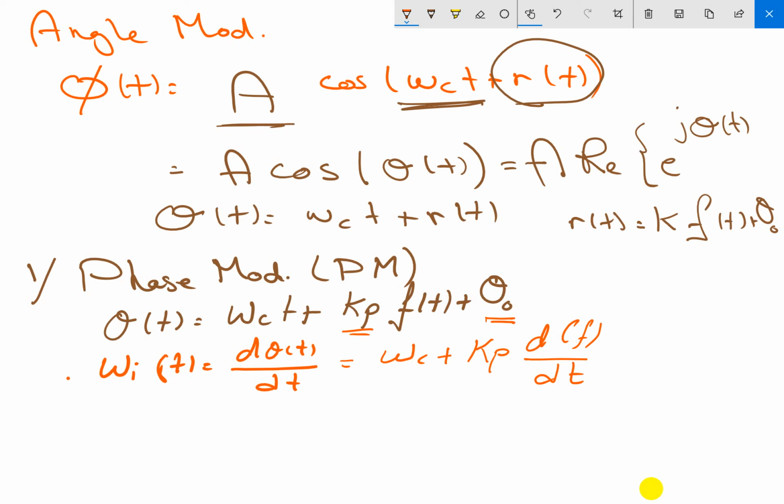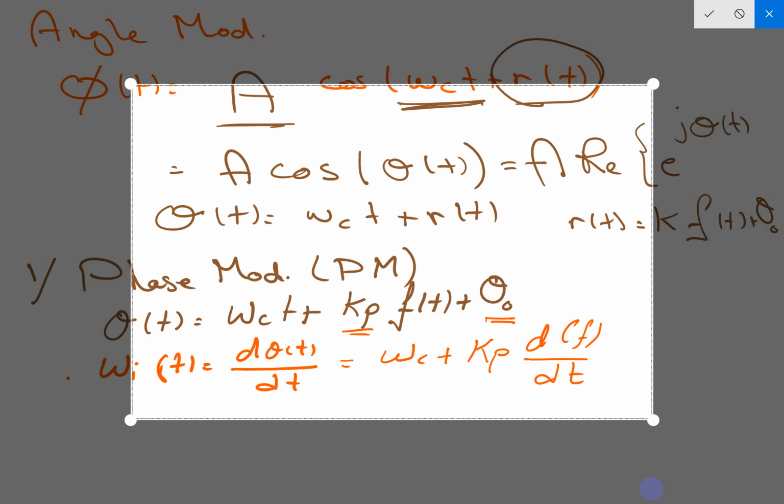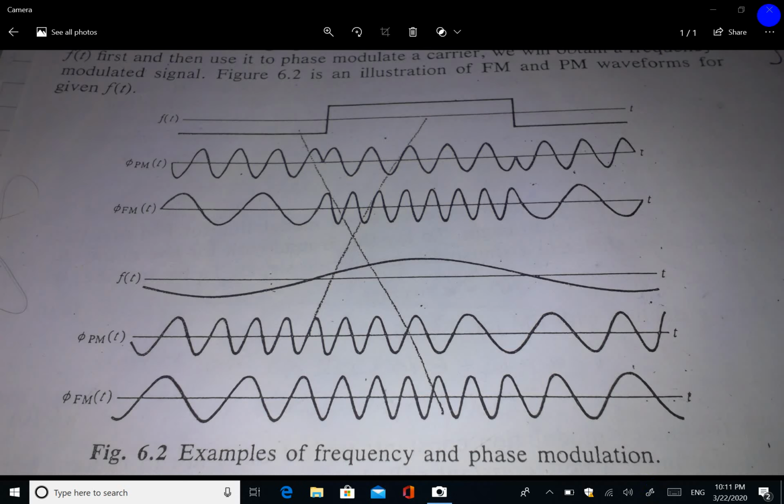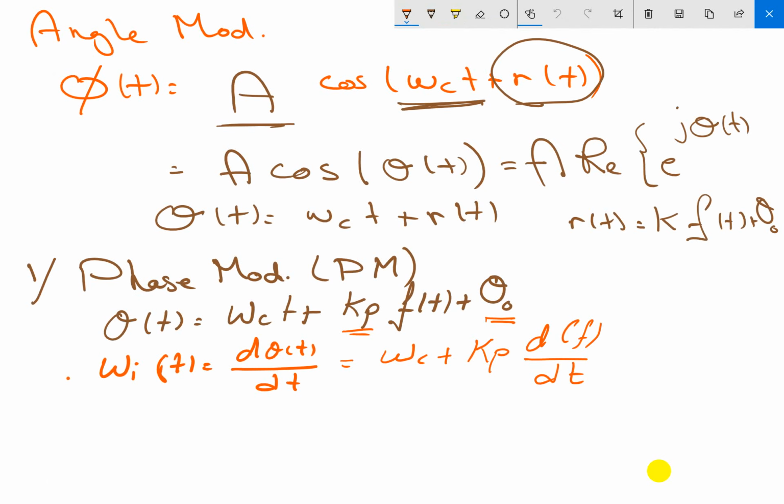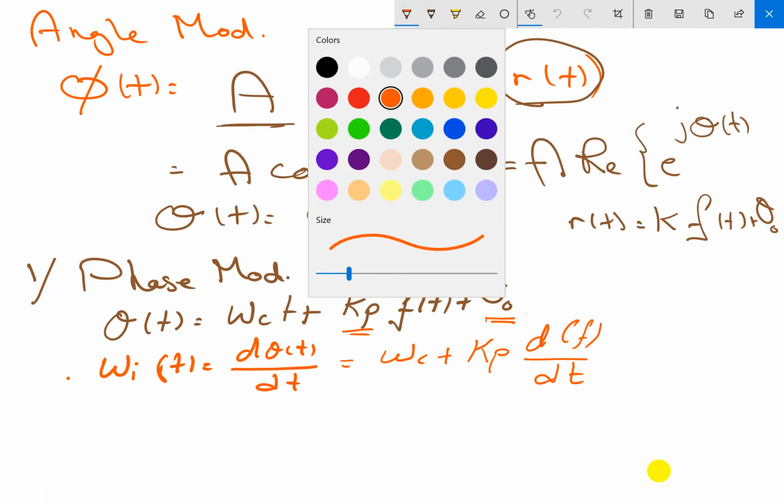So such an equation is so important. If we turn back to the another type of the angle modulation, which is the frequency modulation.